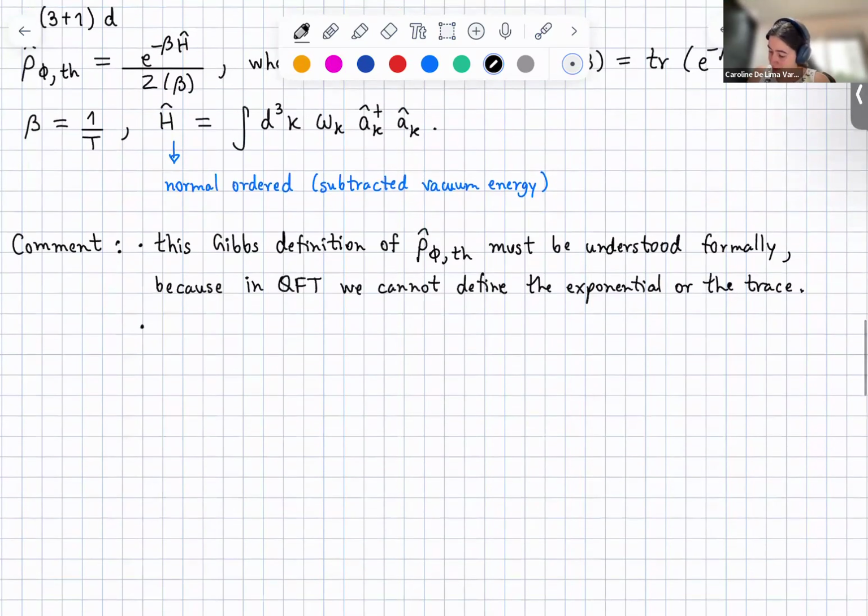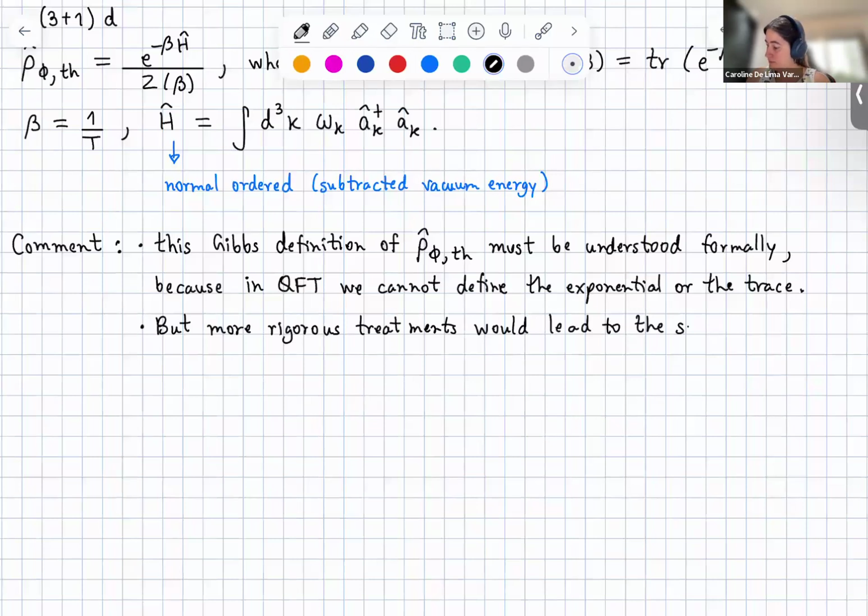But nevertheless, if you do some more rigorous treatment, you're just going to get the same answer. So we're going to stick with this.